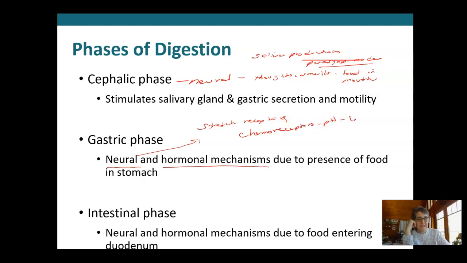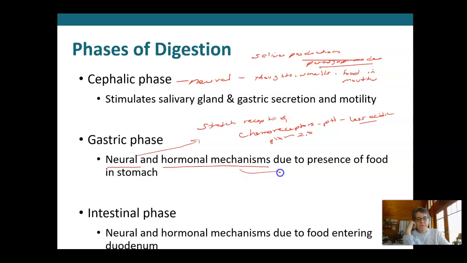Typically the pH of the stomach is about 2. If it becomes less acidic, that is also going to stimulate production of gastric juices.